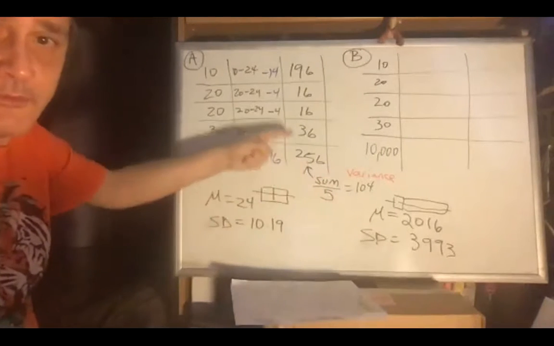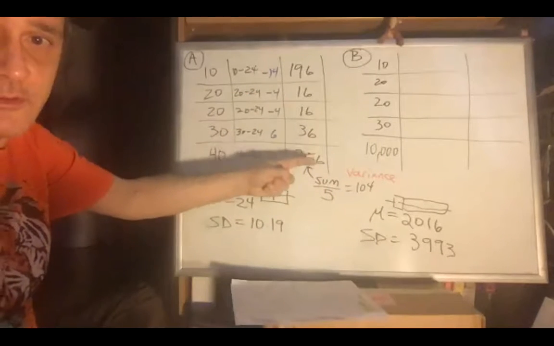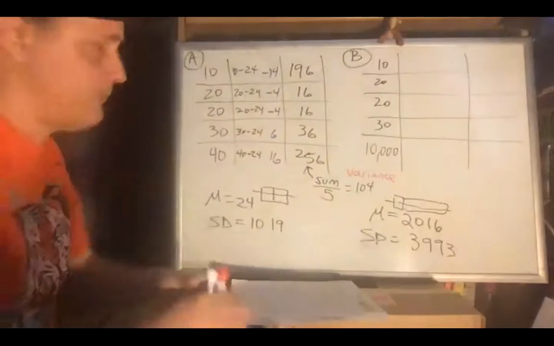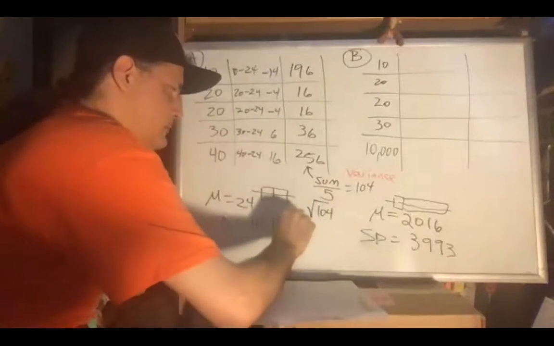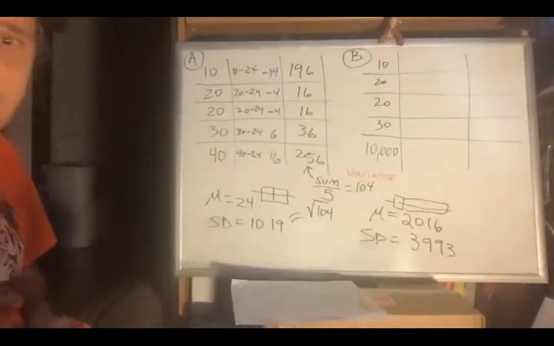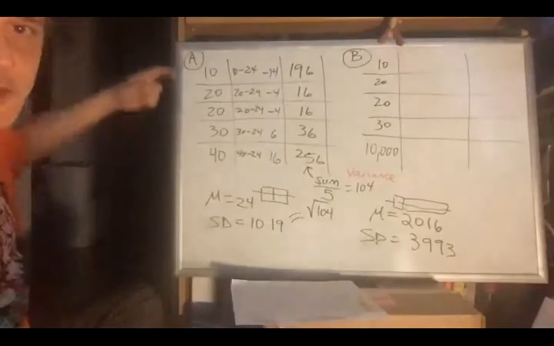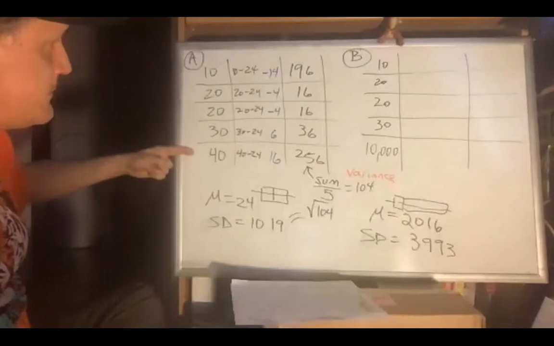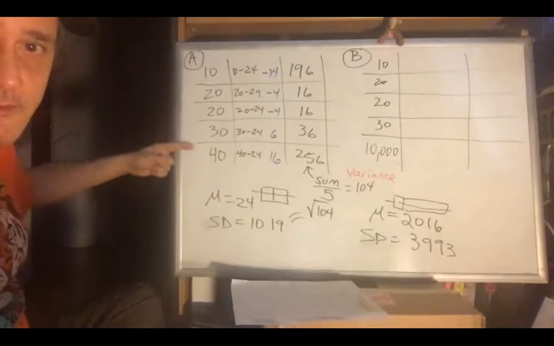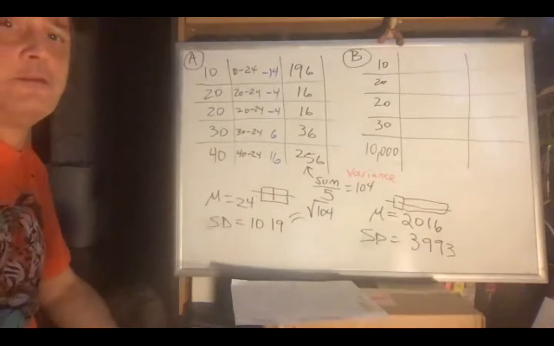Now, in order to compensate for squaring the numbers, we take the square root of the variance. And so the square root of 104 is 10.19. And so that means the average deviation from the mean is 10.19.